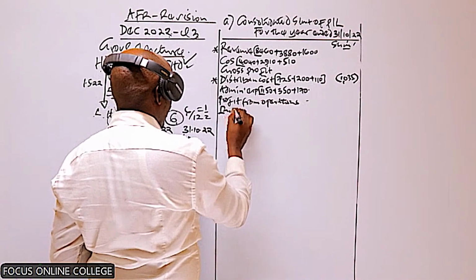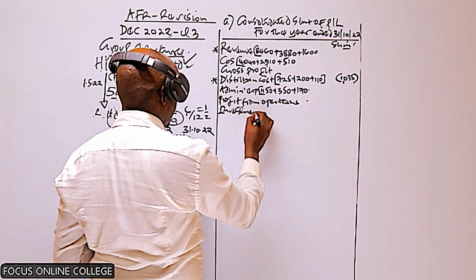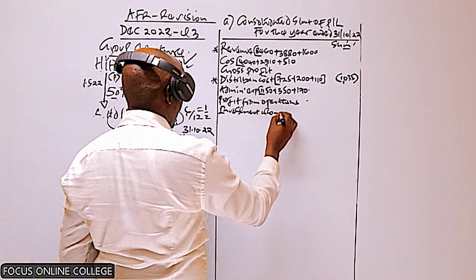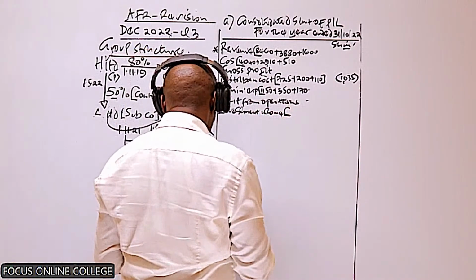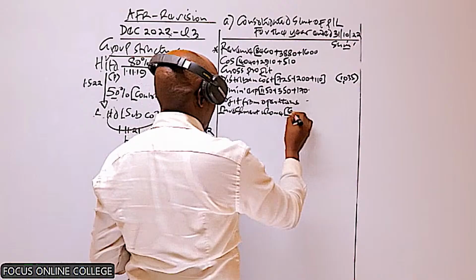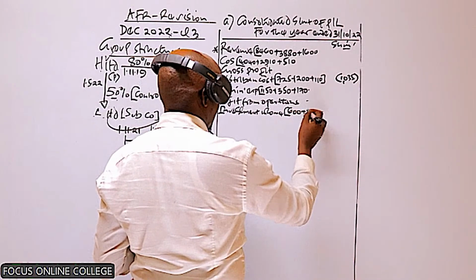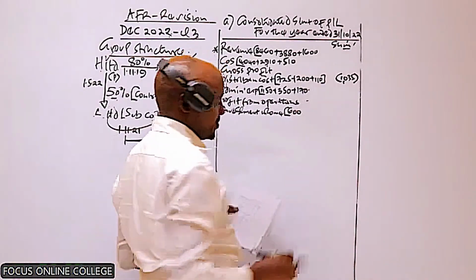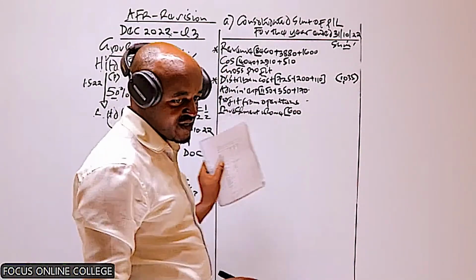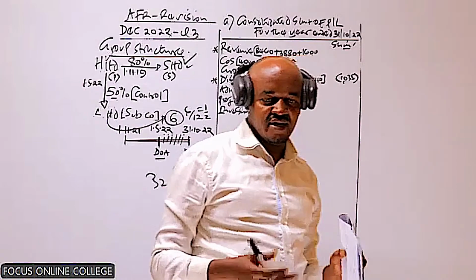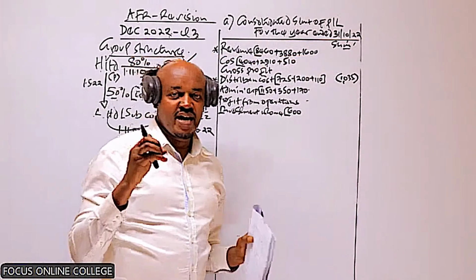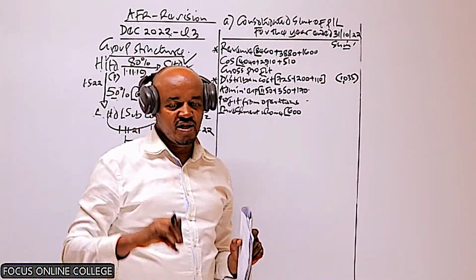Then below that, we have investment income. Investment income, we take that of the parent as 600. Basically, the other companies do not have any investment income. But now what we say is that as far as this investment income of the parent company is concerned, we need to check, was there an investment income generated within the group?